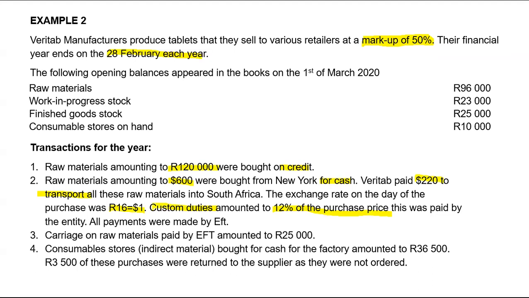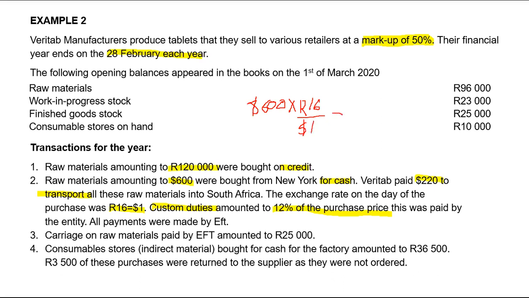I will only focus on the purchases. I am going to take those $600, change them to rands, by multiplying this 600 by what I want, rands, which is 16, and divided by the corresponding exchange rate or ratio, which is $1.